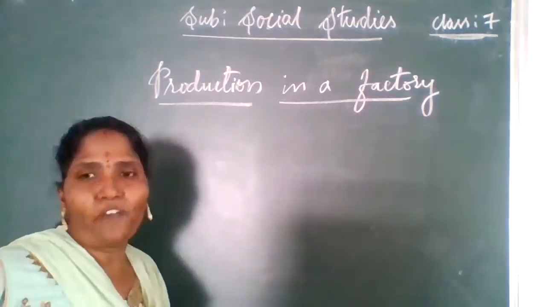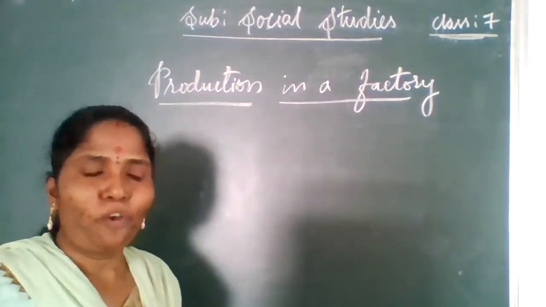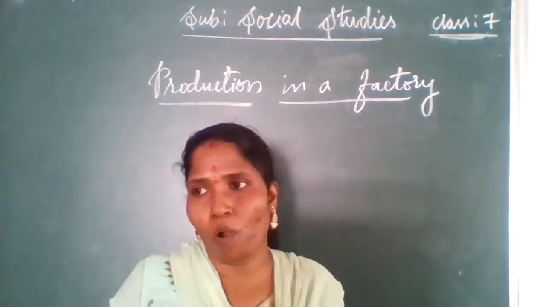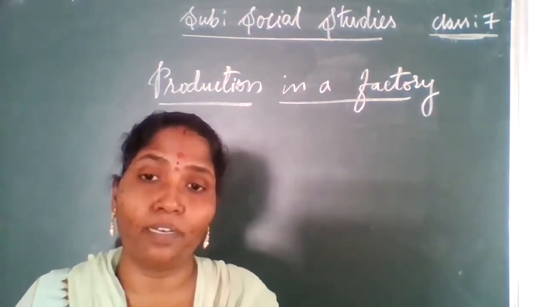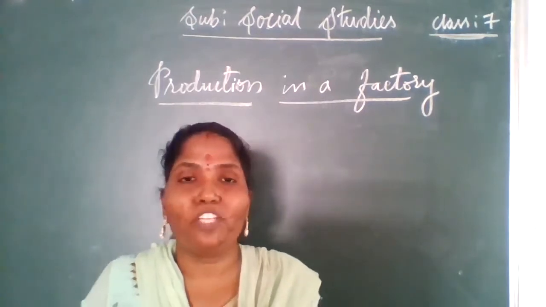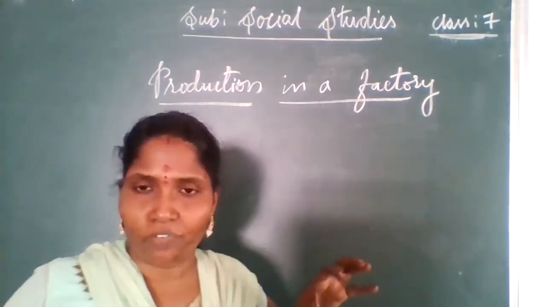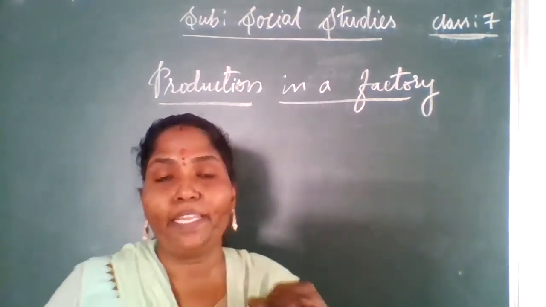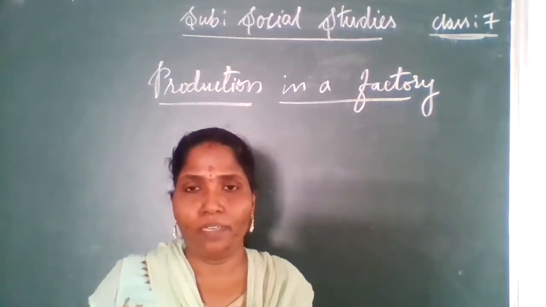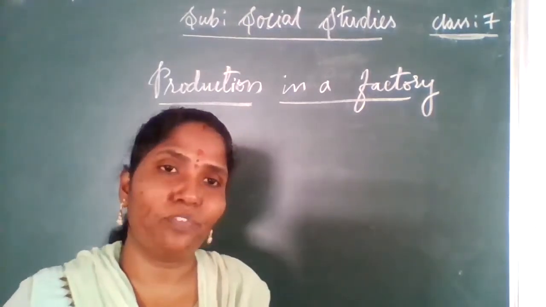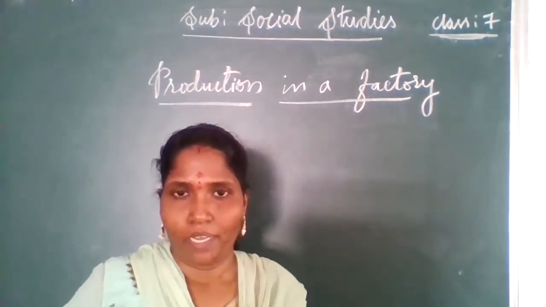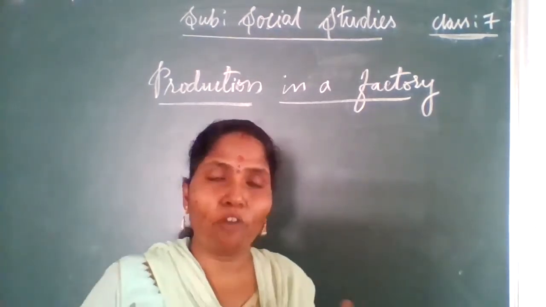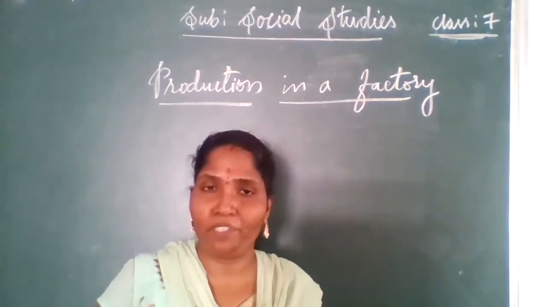Maybe it is a handloom product or any major one, whatever the goods may be, it is going to be produced in a factory and industry. The industries are classified into three: heavy scale industries, medium scale industries, and small scale industries. Of course, we will learn about the industries in the coming chapters.